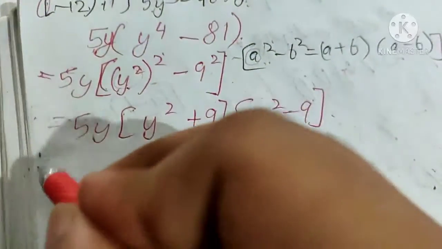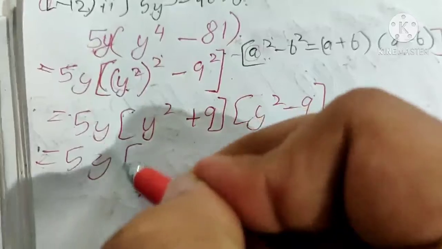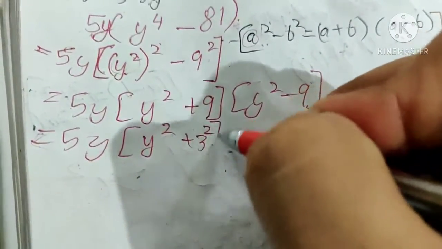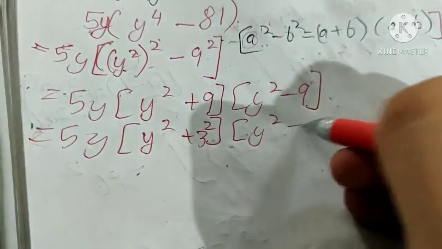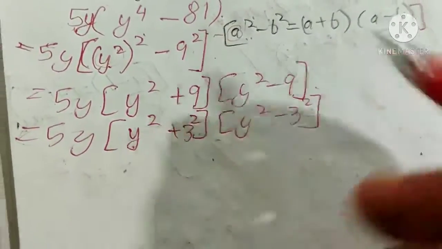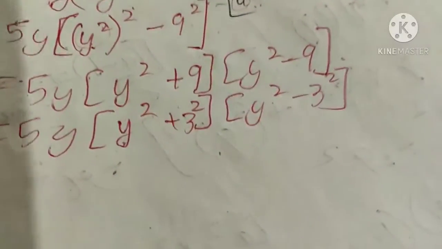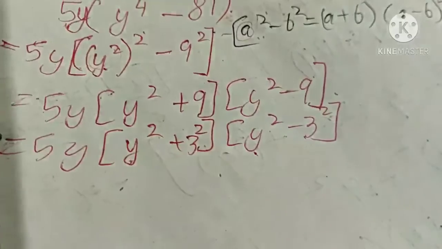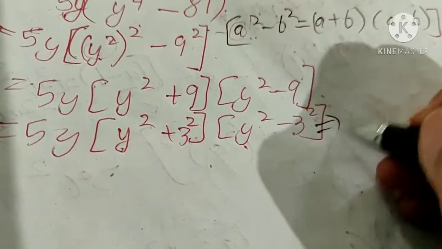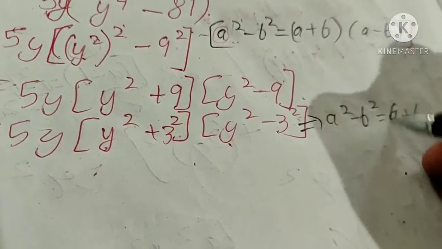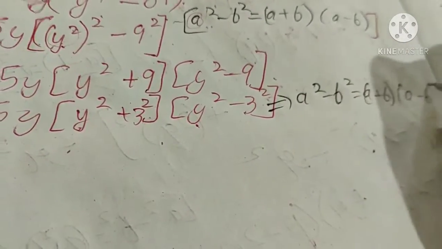Okay, now again moving forward, y square minus 3 to the power 2. Here if we see, a square plus b square is no identity, right? Here it is a square minus b square, so again we can apply the identity a square minus b square equals a plus b and a minus b.